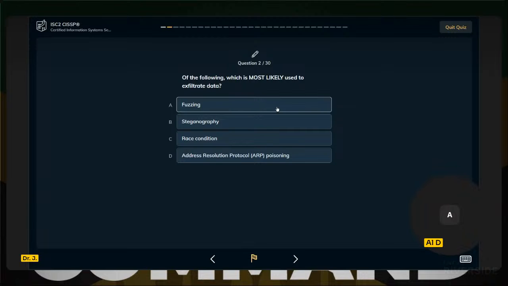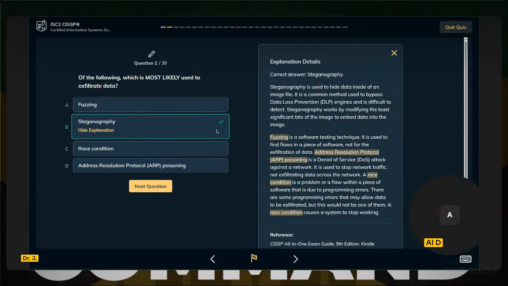So this is going to be Bravo. Yeah, steganography is used to hide data inside of an image file. It's a common method used to bypass data loss prevention or DLP engines, and it's difficult to detect. Steganography works by modifying the least significant bits of the image to embed data into the image.